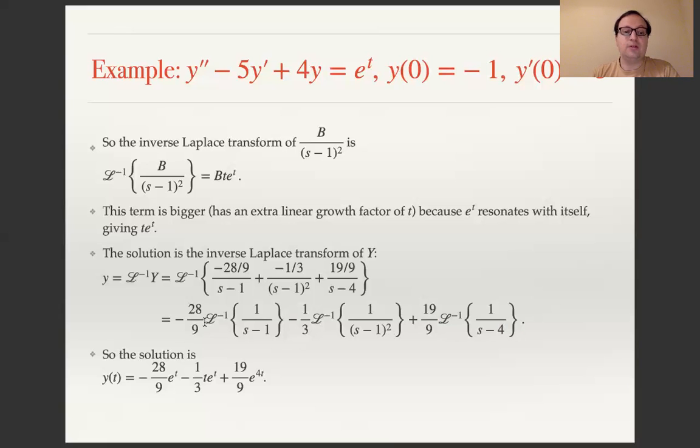So this is because the inverse Laplace transform is linear. This means that the inverse Laplace transform of the sum is the sum of the inverse Laplace transforms. And we can also pull out the coefficients because these are constant coefficients. Minus 28 over 9, minus 1/3, and 19 over 9.